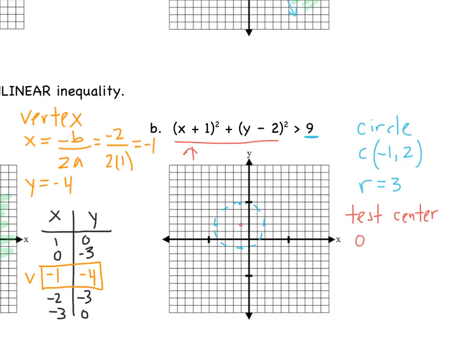So we get 0 plus, when we plug 2 in for y, 2 minus 2 squared, well, that's 0 again. Is that greater than 9? So we end up with 0 greater than 9, which is false. So if it's false on the inside, where are we going to shade? We're going to shade outside of our circle. So there we have a circle.